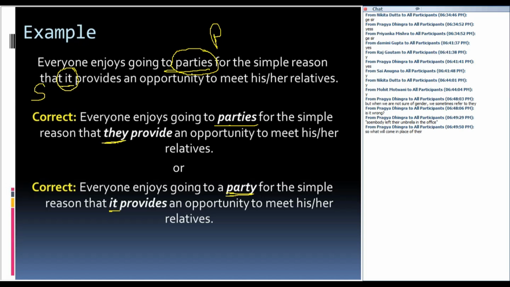"Somebody left his or her umbrella in the office." Okay, what will come in the place of their? His or her. Why his or her will come, I will show you. That is something we will discuss in the third error, which is pronoun case. Okay, somebody is always singular, so you cannot use their.